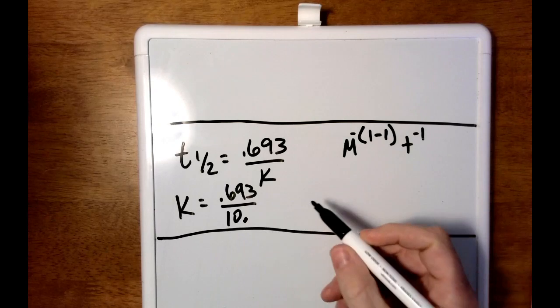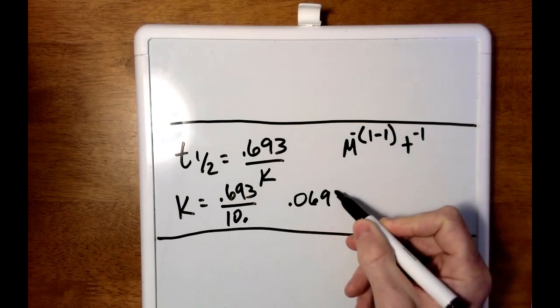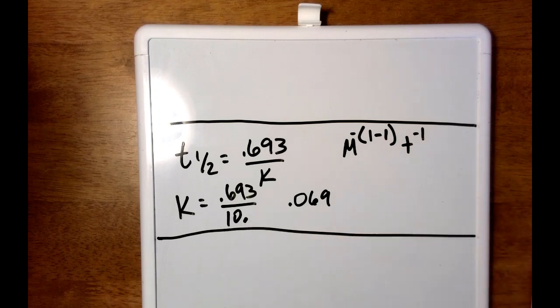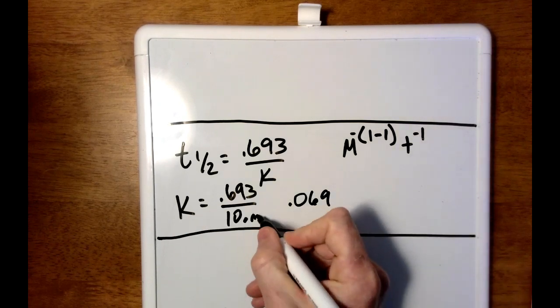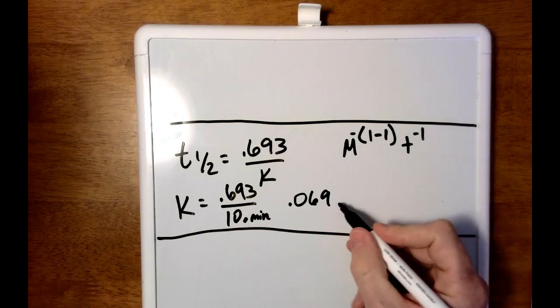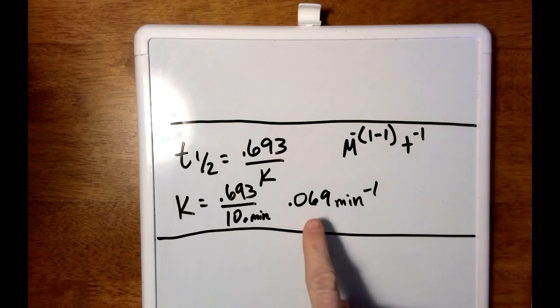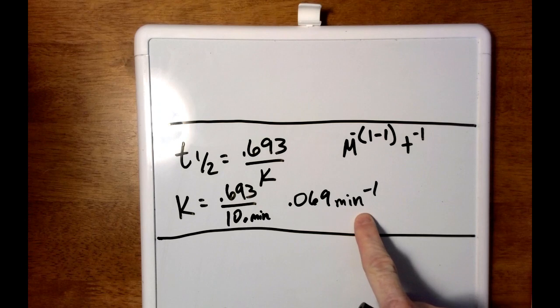So we divide and get 0.0693, but because of the 2 decimal places, we just leave it 0.069. Now for the unit, 0.693 has no unit, but that was minutes, and minutes is in the denominator, so minute to the -1 is our unit. It was 1 point for 0.069 and 1 point for the correct unit.